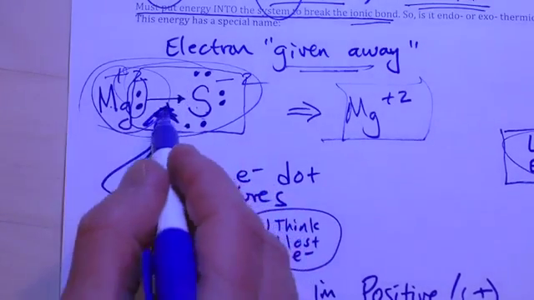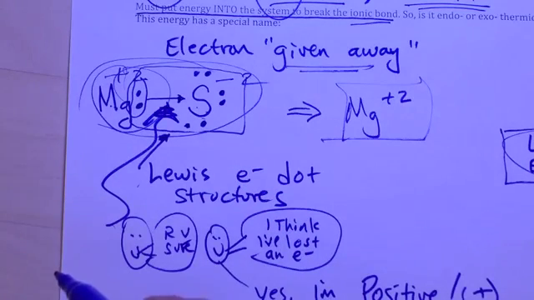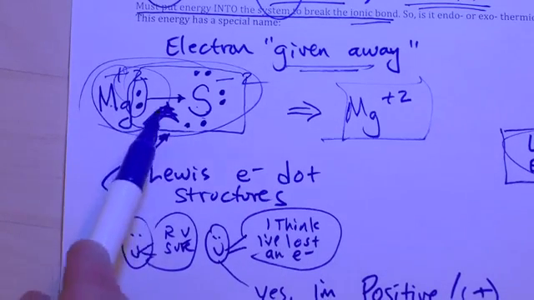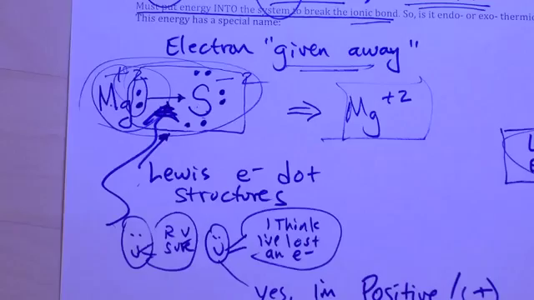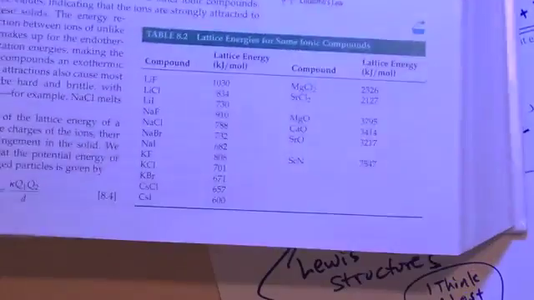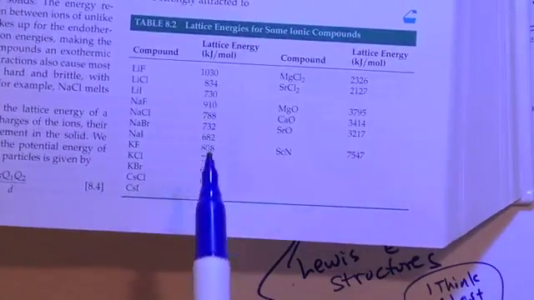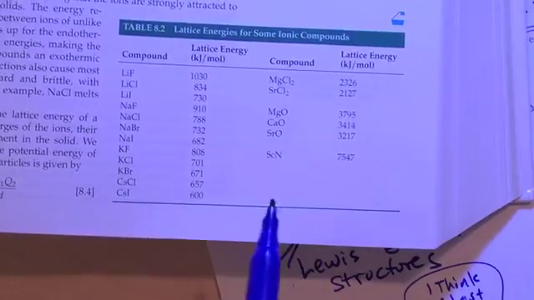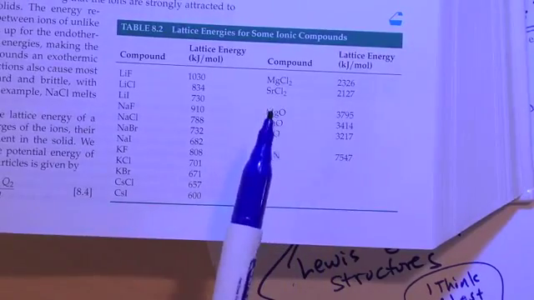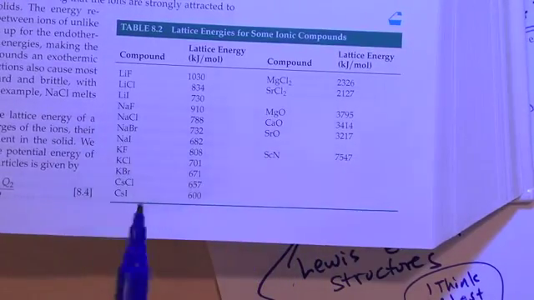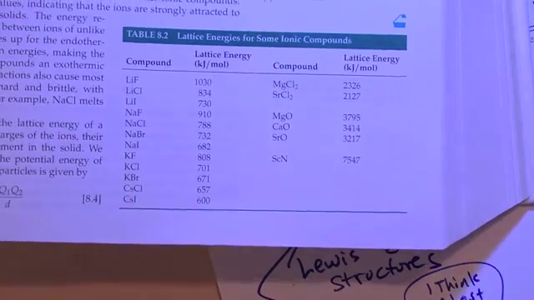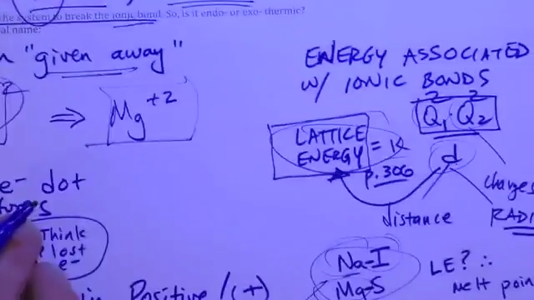Well, it's an endothermic process that must be done to break this bond. And if you look at the lattice energies once again in your book, you can look at all of these numbers and they're all positive. It's because from the viewpoint of the system, which is these chemicals right here, you have to put energy into them to break them apart or separate those structures.